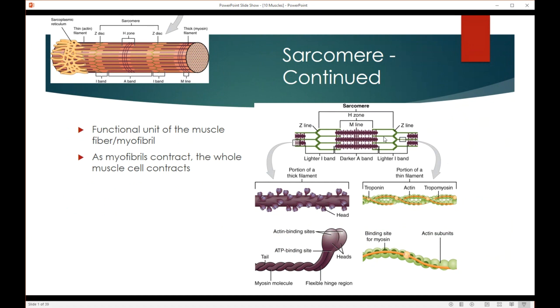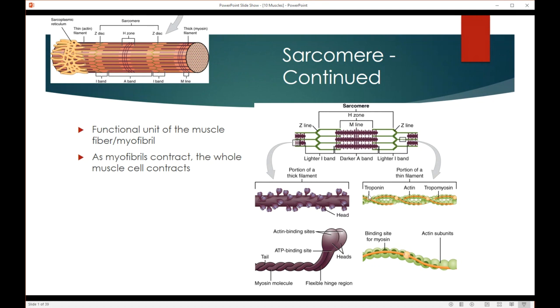The sarcomere is formed by the lighter I bands and the darker A bands. The lighter I bands are called a thin filament, and the thin filament is molecules of actin. Then we have the thick filament, which is going to be our darker A band, and that thick filament is made out of myosin.